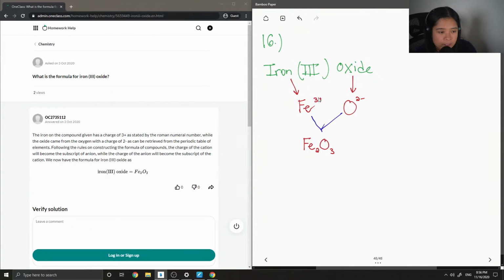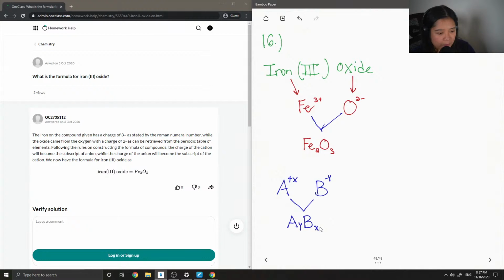So some people like to show it generally: if I had an element that had a charge of +X and another ion that had a charge of -Y, if these were to come together, the subscript of the first ion would have the same value as the charge of the second ion, and the second ion's subscript would have the same value as the charge of the first ion, if that makes sense.